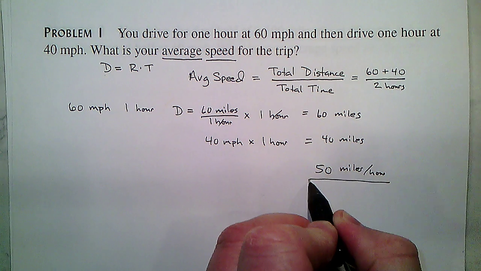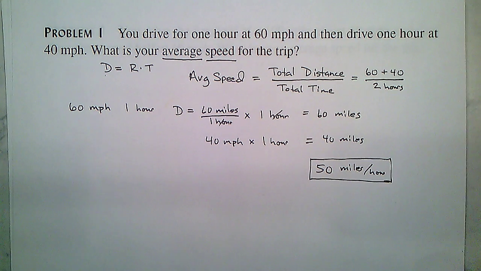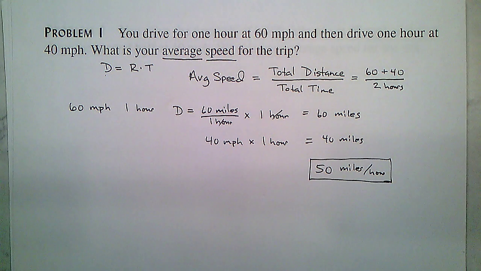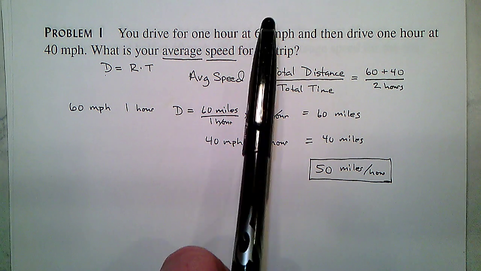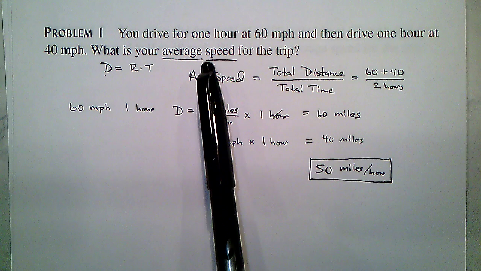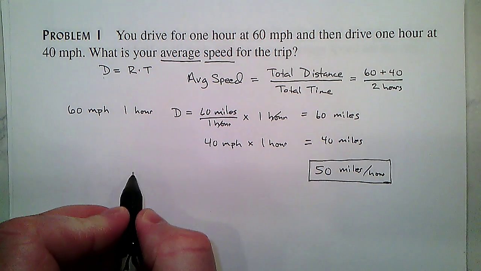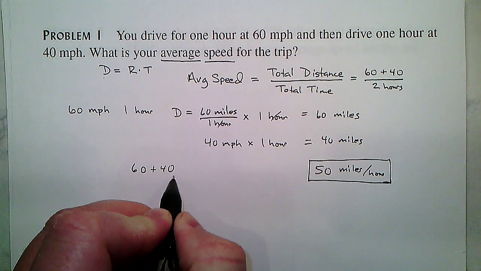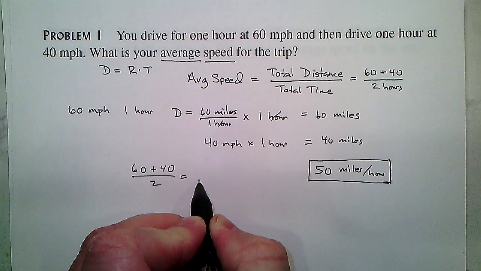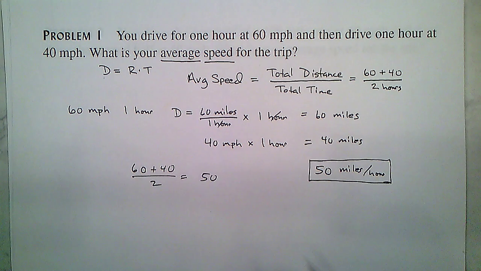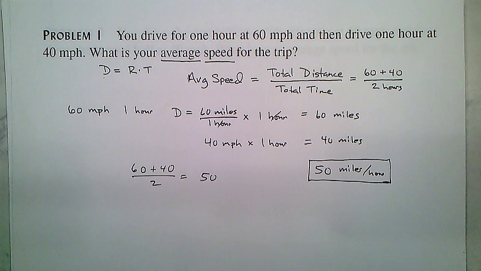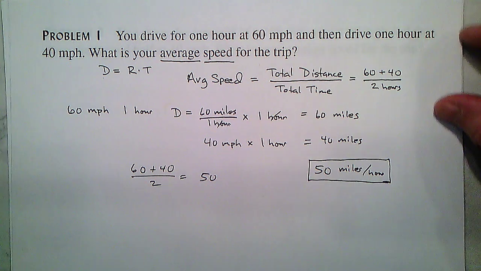Now in this case, you probably could have gotten this answer correct by just saying, oh, 60 miles per hour, 40 miles per hour, what's the average speed? Let me take the average of 60 plus 40 over 2, which is just, of course, 50. Good. But let me show you that that doesn't always work. So let's look at the next problem.